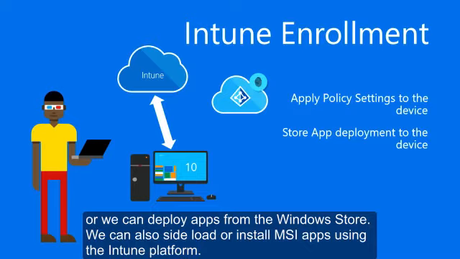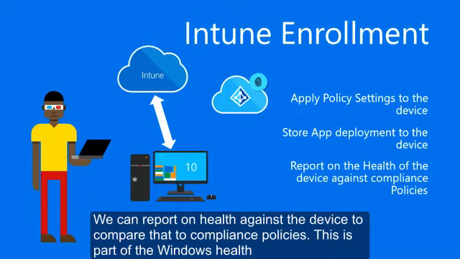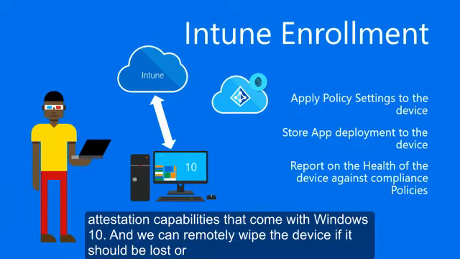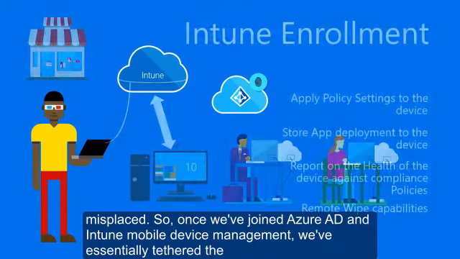We can also sideload or install MSI apps using the Intune platform. We can report on health against the device to compare that to compliance policies. This is part of the Windows Health Attestation capabilities that come with Windows 10. And we can remotely wipe the device if it should be lost or misplaced.